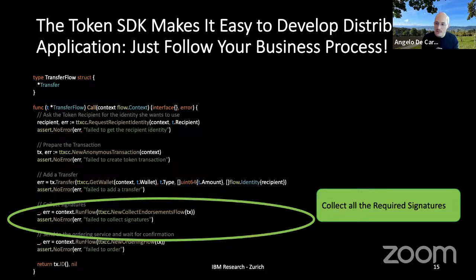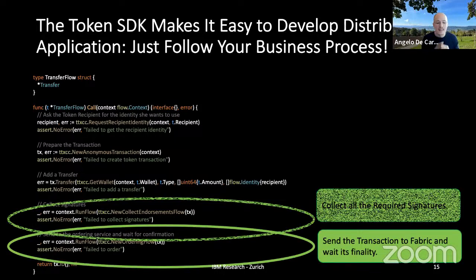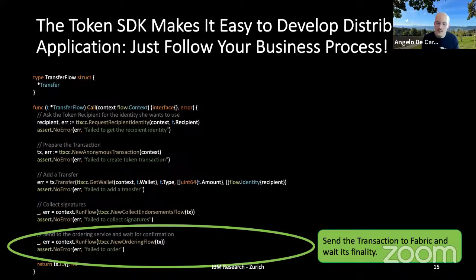It takes care of contacting all the business parties to collect signatures, contacting the auditors, the Fabric endorsers, or anyone that needs to sign this transaction, depending on the specific backend that you are using. And at the end, you want to order the transaction, which you can understand as settling the operation.